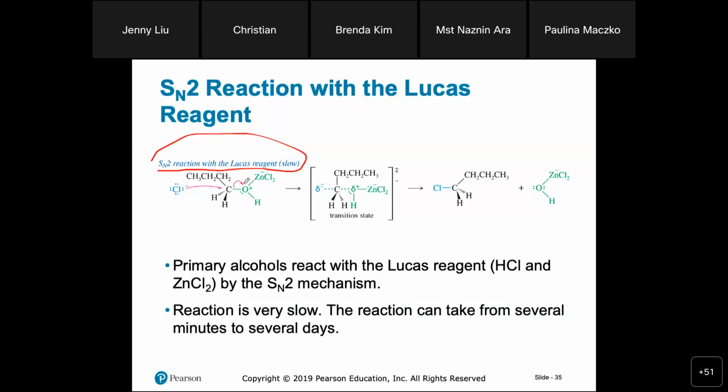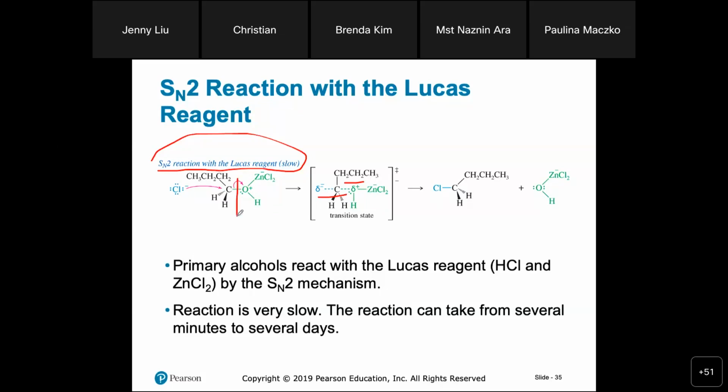When the chloride ion is attacking through the SN2 reaction, what is going on? Here there are partial positive and negative charges, carbon being partially positive due to the distribution of the electrons, and here we can see the leaving group.